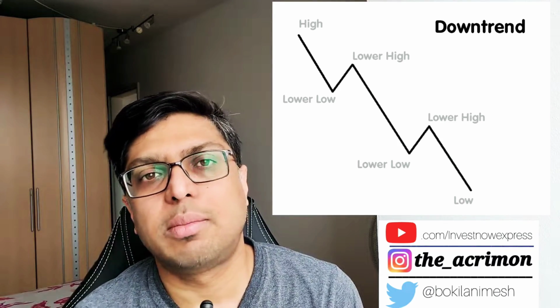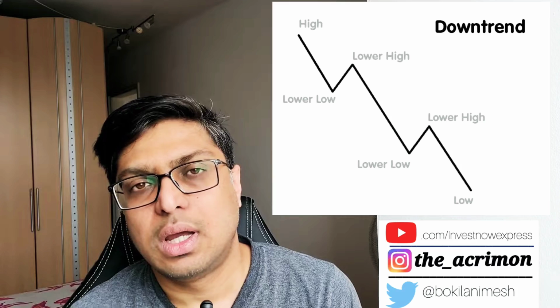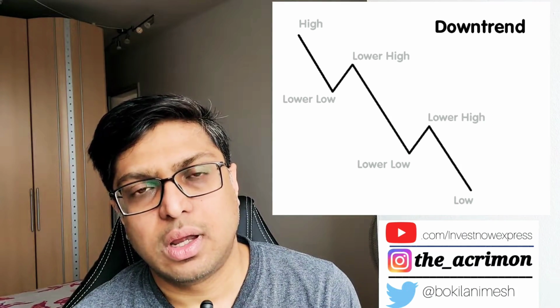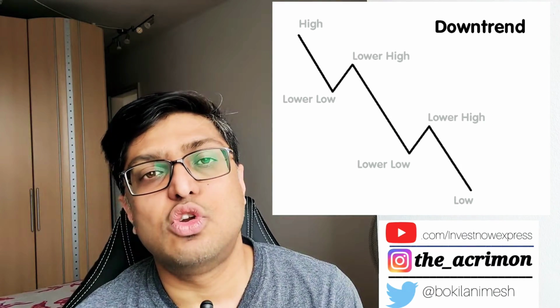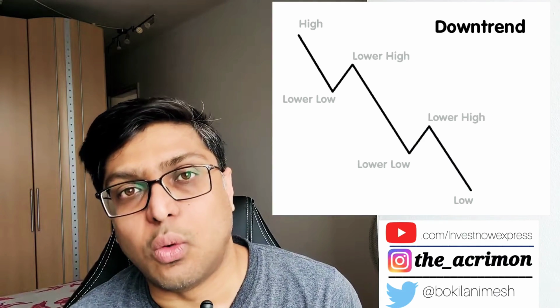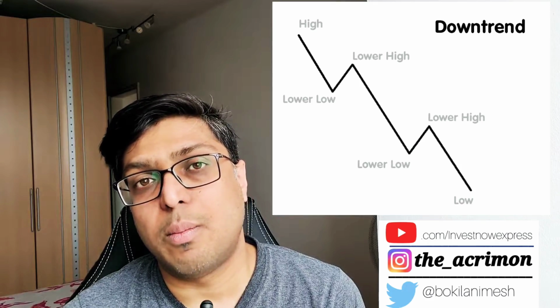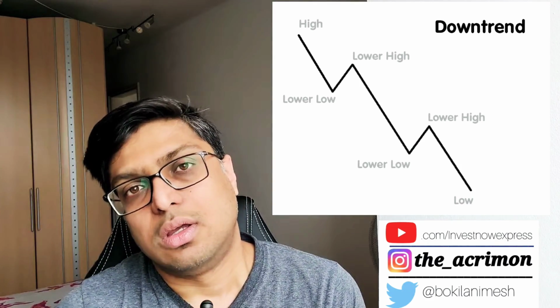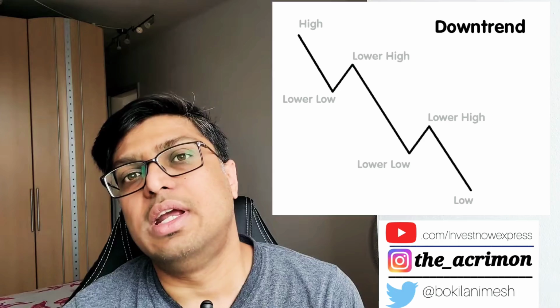So it went up to 8 rupees, again it closed at 5 rupees. The high was 8 rupees today, but still the high is lower than yesterday's closing price, right? So if you get multiple such low highs, you can say that the stock is in a downtrend.